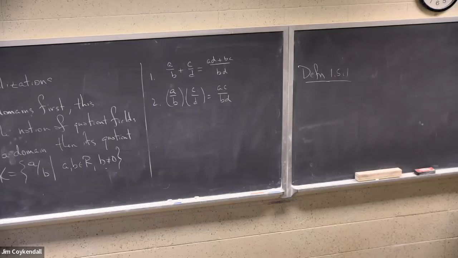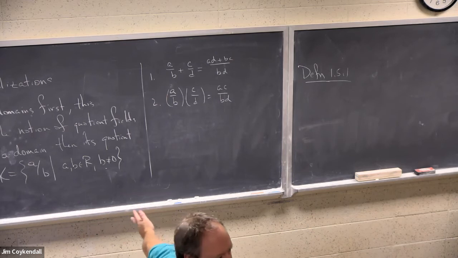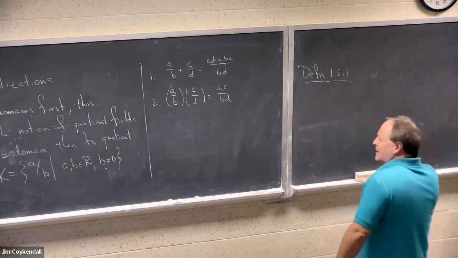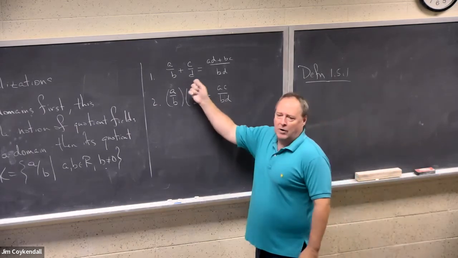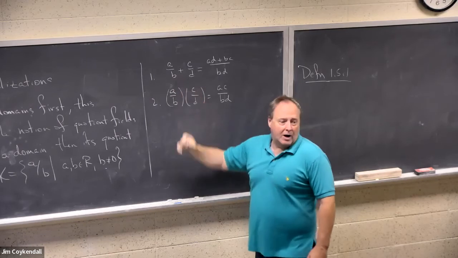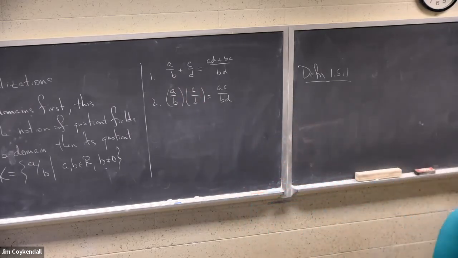And you'll see that you can do it, but it's boring as heck. The quotient field allows all fractions to make sense, that is, no zero denominators. And of course, all this is going to work because if you're in an integral domain, what are your denominators allowed to be? Non-zero elements. In an integral domain, when you multiply two non-zero elements, what do you get? A non-zero element. So you're good to go.